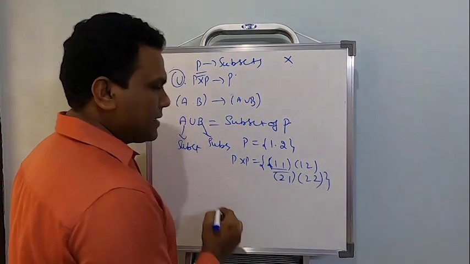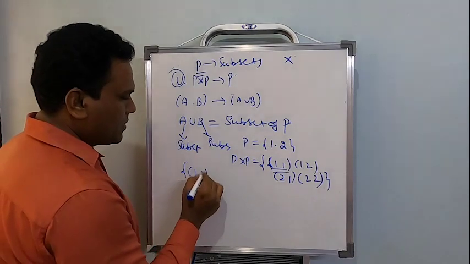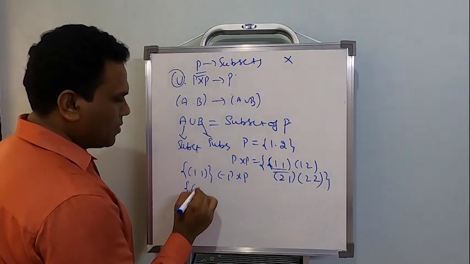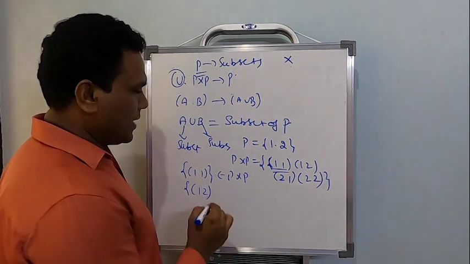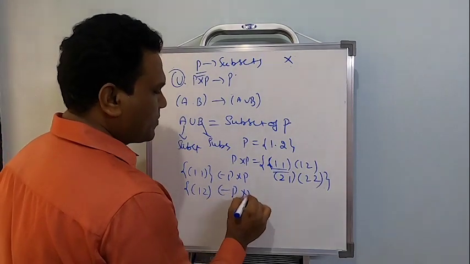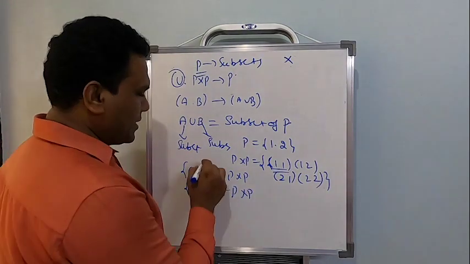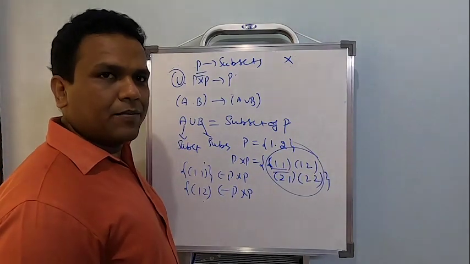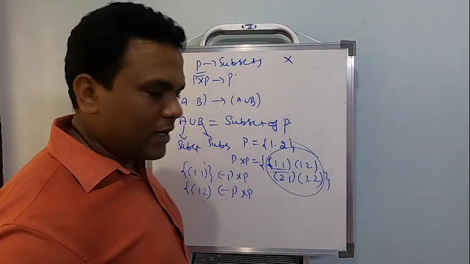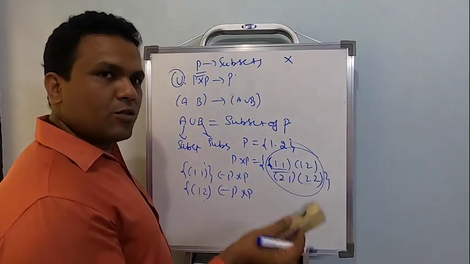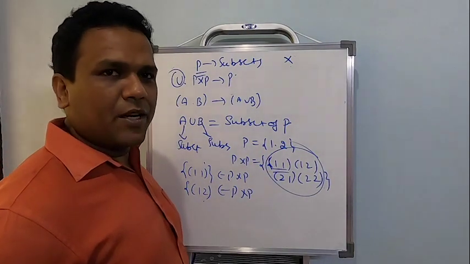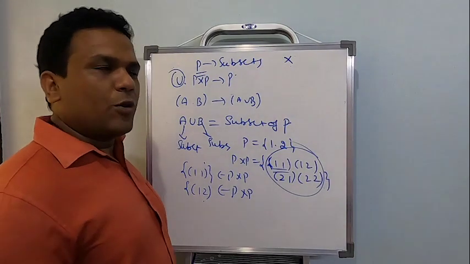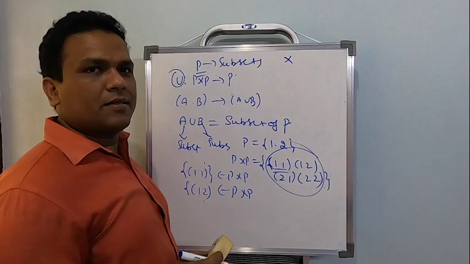So this is one subset of P cross P, and one more is 1 comma 2, still a subset of P cross P. Now when I take the union of these two, surely it will be present in P cross P only. Fine. So that's how it should be done. The union of two subsets is also going to be a subset. Standard statement if you want. Similarly, the intersection of two subsets is also going to be a subset present in the given set.